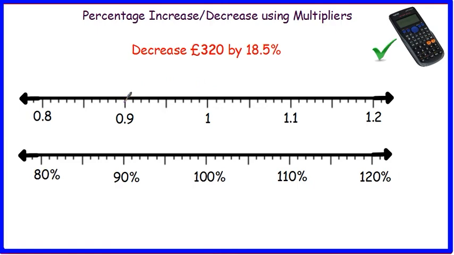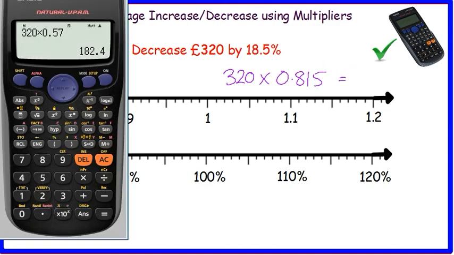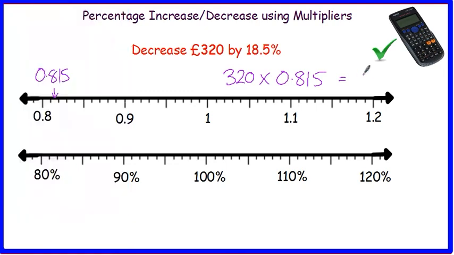So I've got take away 10%, then take away 8%, but then I need to take away 0.5, and this is 0.815. 320 multiplied by 0.815 equals £260.80.